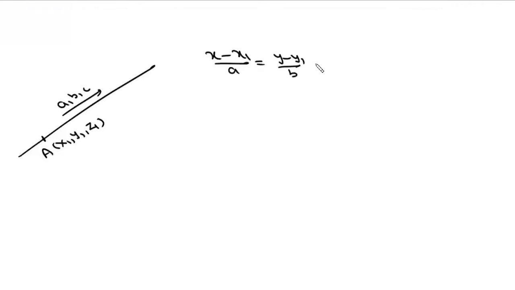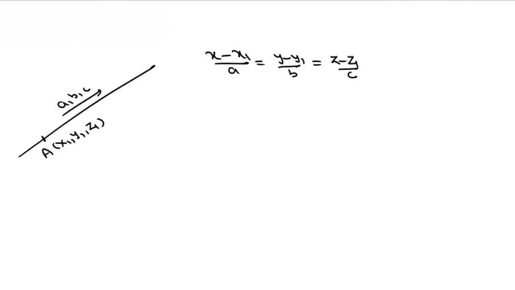So if we have a point on this line and direction ratios of this line, then we can write this equation as x minus x1 upon a equals y minus y1 upon b equals z minus z1 upon c.